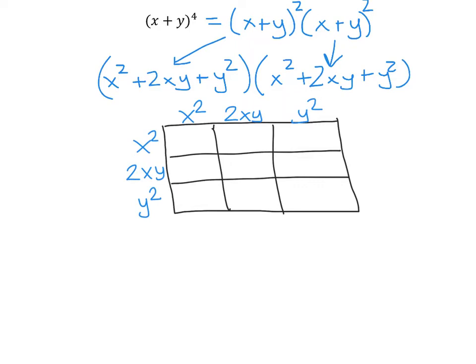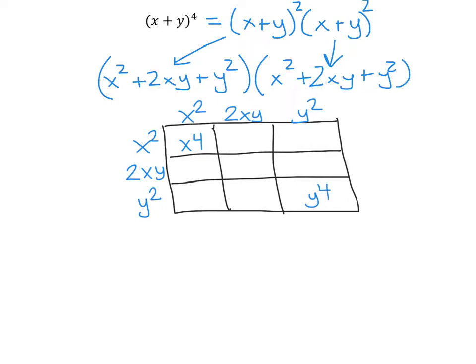The box method again is not necessary, but it does help. So if we start our distribution, x squared times x squared gives us x to the 4th. And likewise, y squared times y squared gives us y to the 4th. I'm going to change colors here.